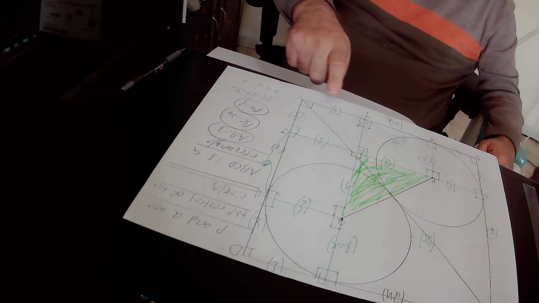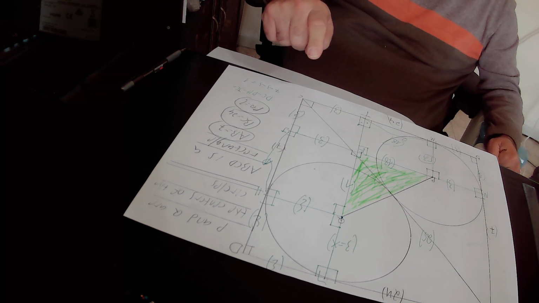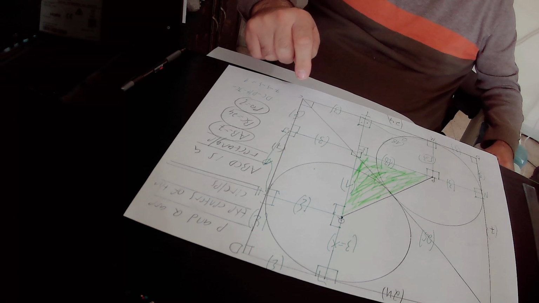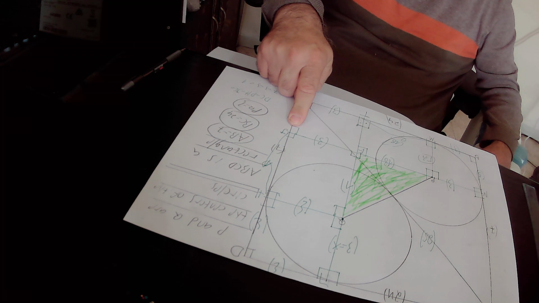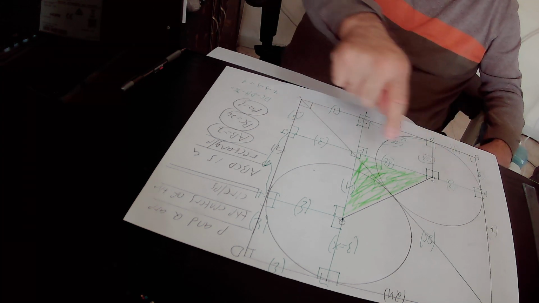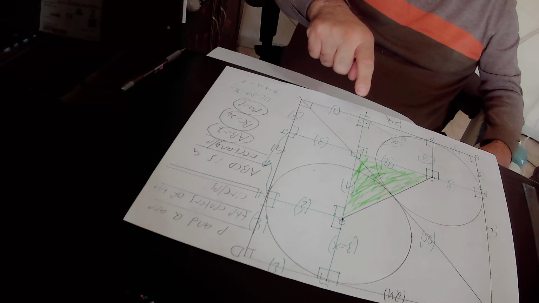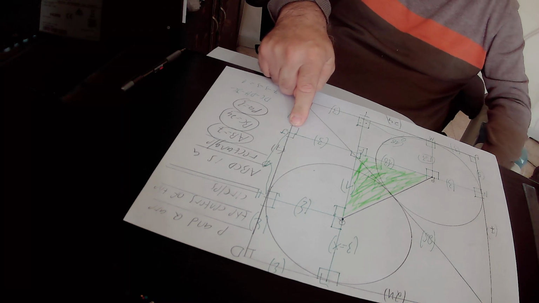So here we have 2 right angles, but here this angle also equals 90 degrees because NJCB is also a rectangle. So inside quadrangle FJCT, we have 3 right angles.